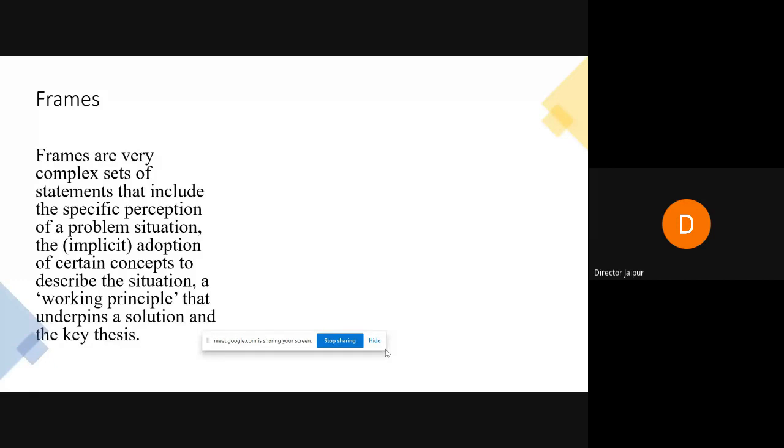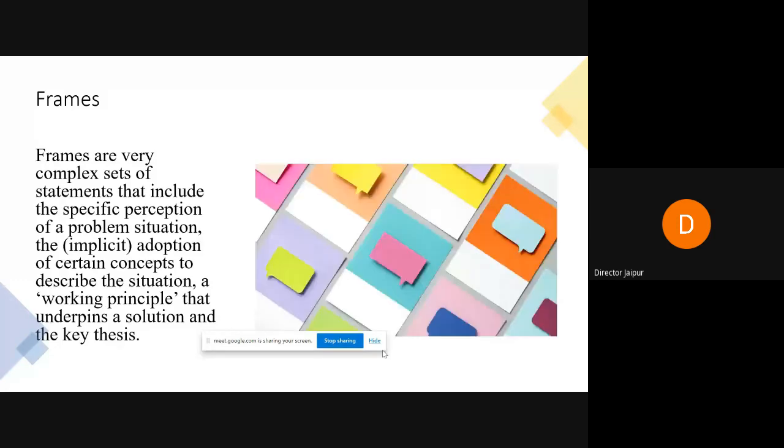You have to test it. You have to really take the help of the experienced person, and then work around those frames to get the desired value.